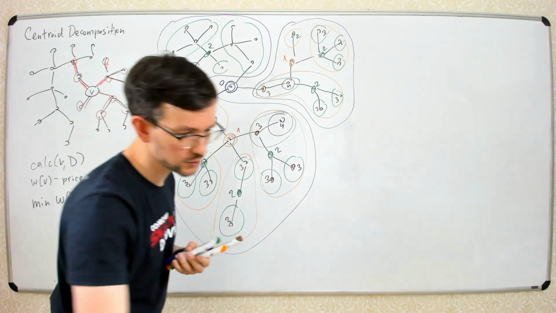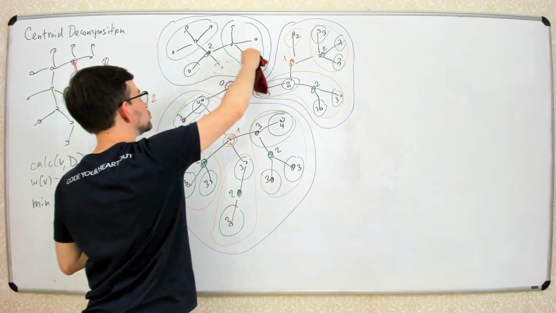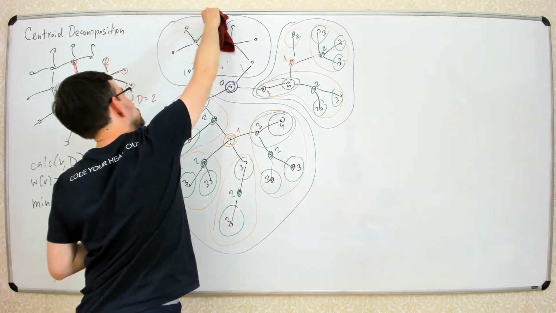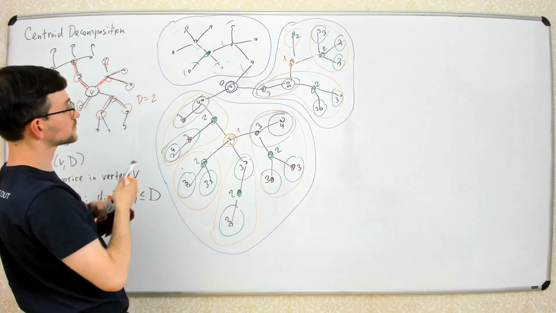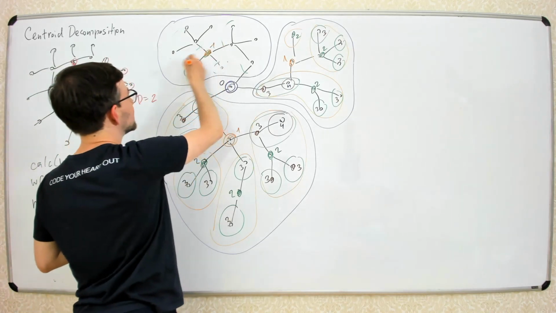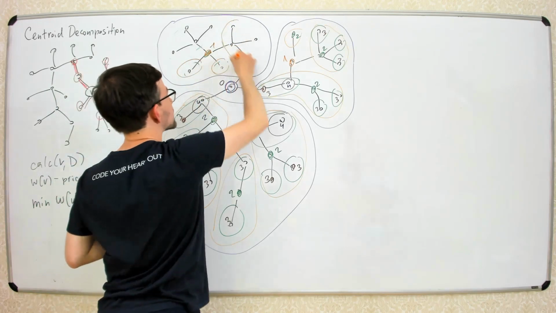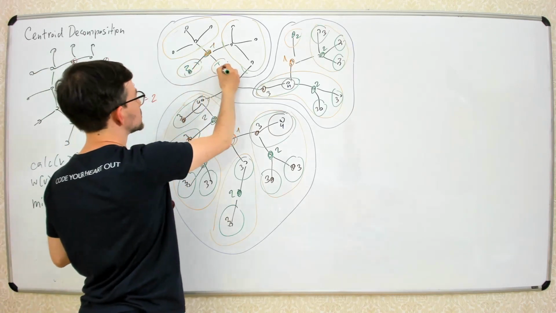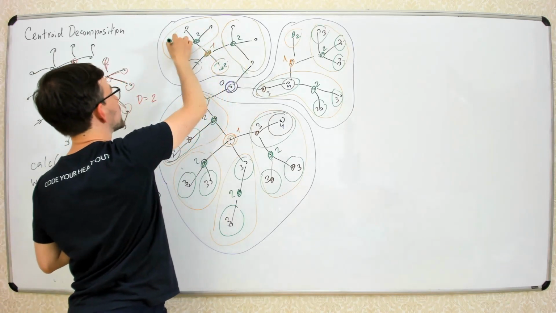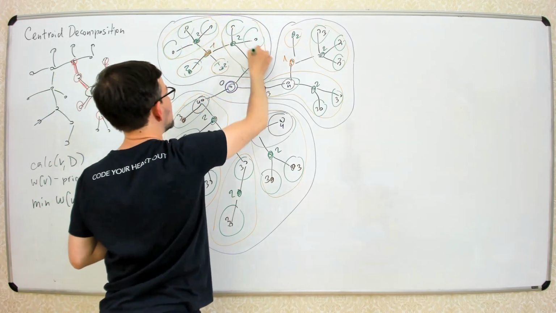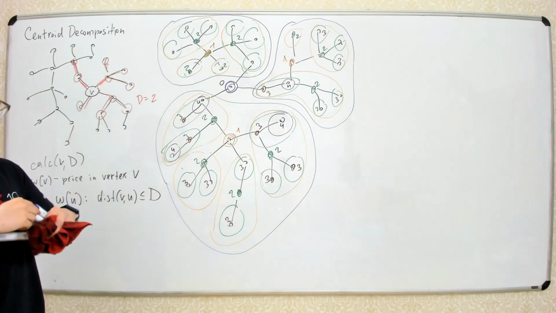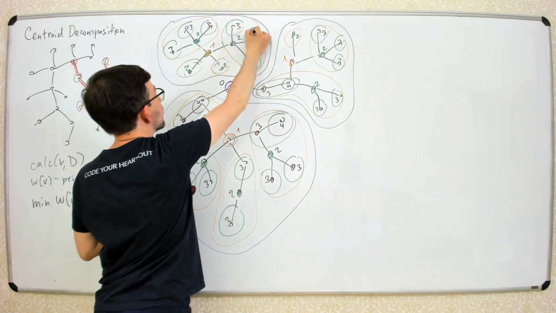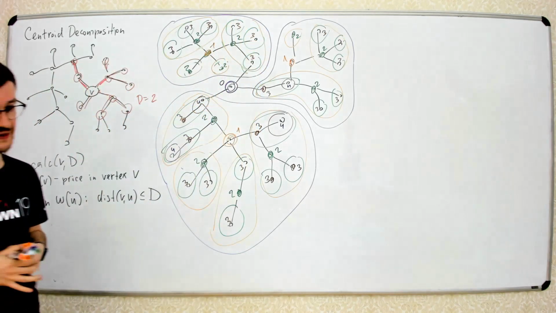Not 2, it should be 1. My bad. So this is centroid level 1. Now I have these components. Now I find centroid level 2, this is 2, this is 2, this is 2. Now I have these small areas, and each area is a centroid of level 3.